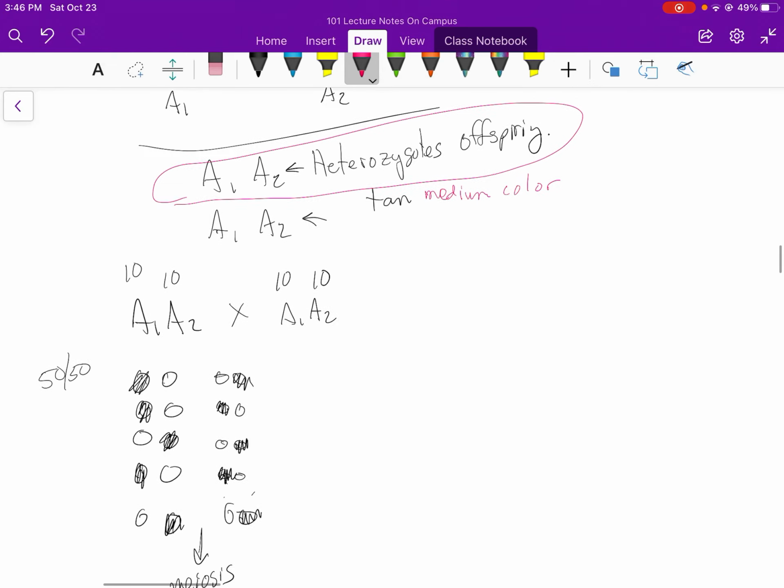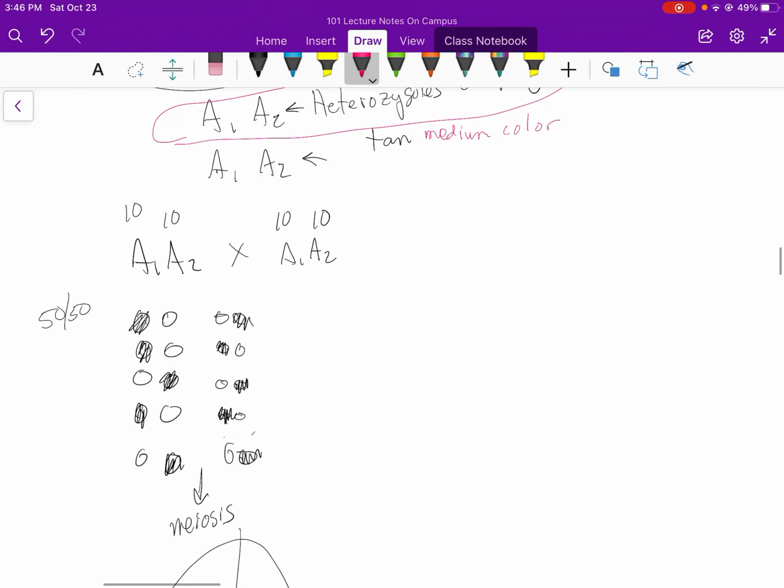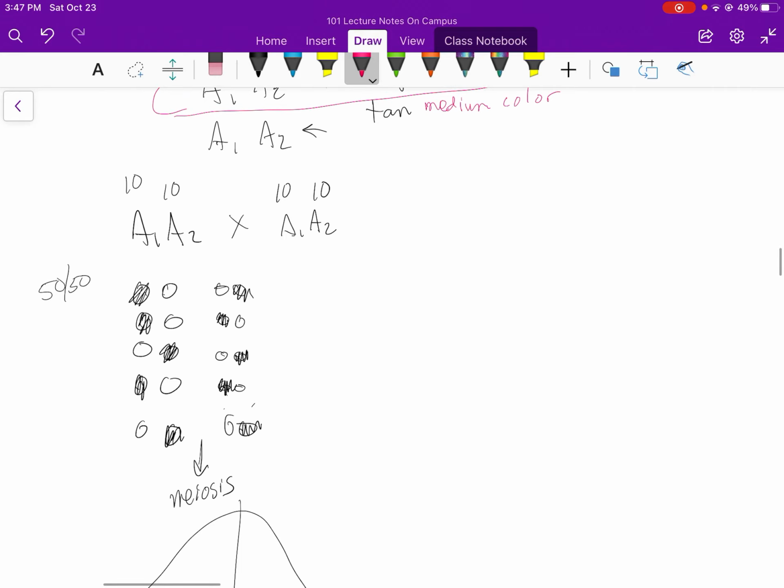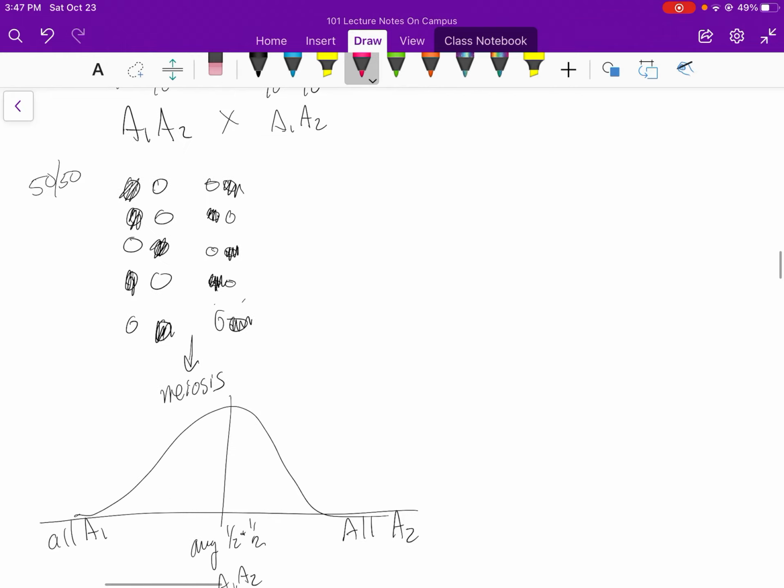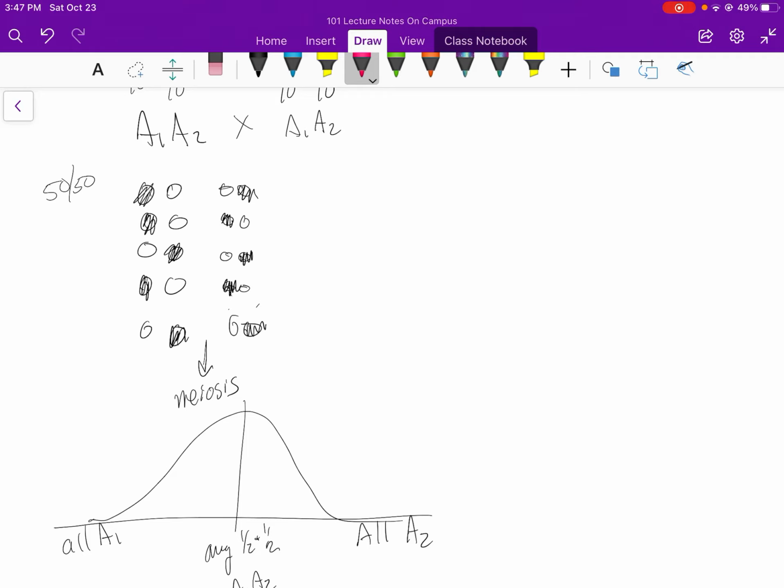But then when those heterozygote offspring take up mates and have children, there's a tremendous possibility for them to have different combinations. Each of them has got 50-50 in a mixed up way. And in meiosis, that means that either one of them could potentially give all of their melanin producing alleles to the offspring, or they might give none of them.